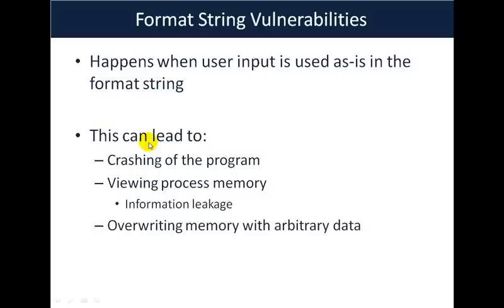We'll look into all of these three different things which can be achieved with format strings in later videos. Just to recapitulate, when user input is substituted as part or whole of the format string, a malicious user can either crash the program, view the process memory, or overwrite it with arbitrary data. Well, that's all for this first video.